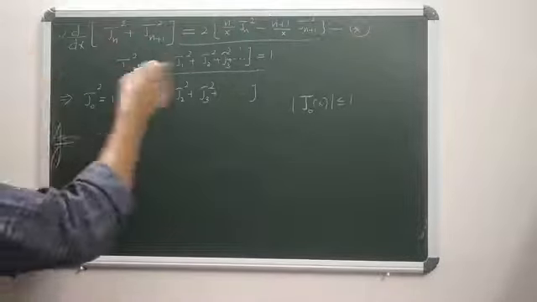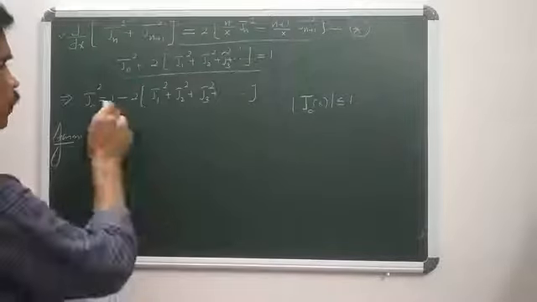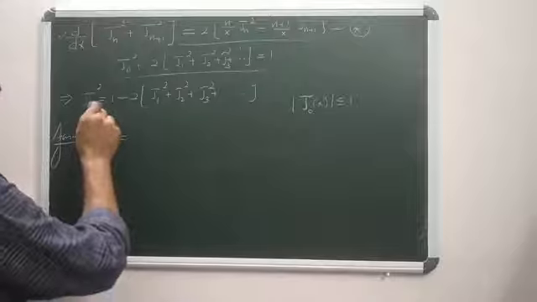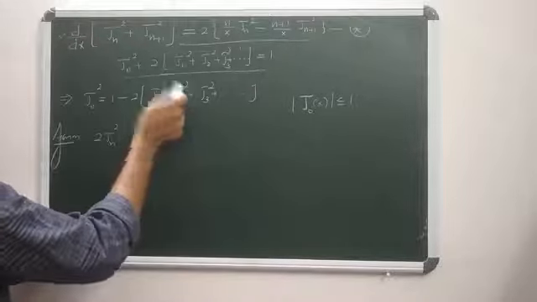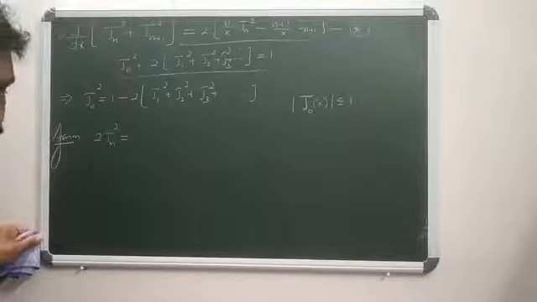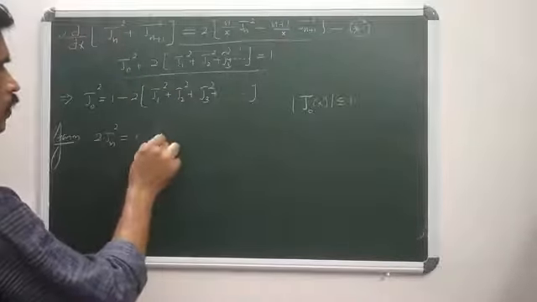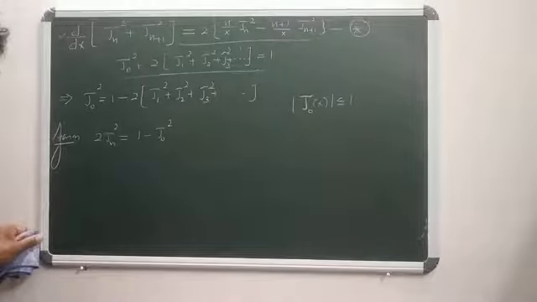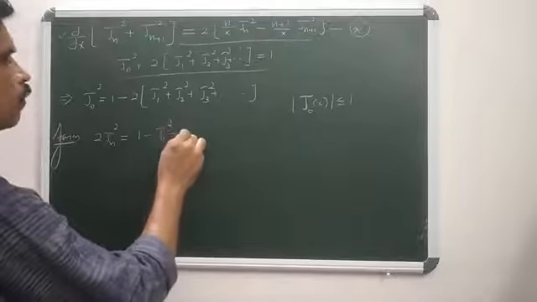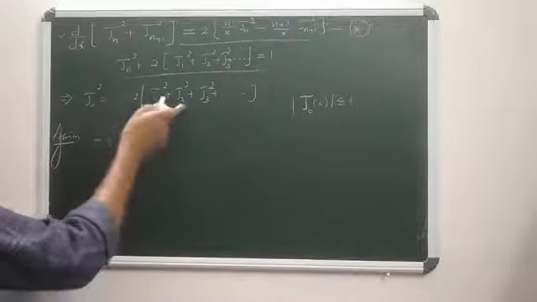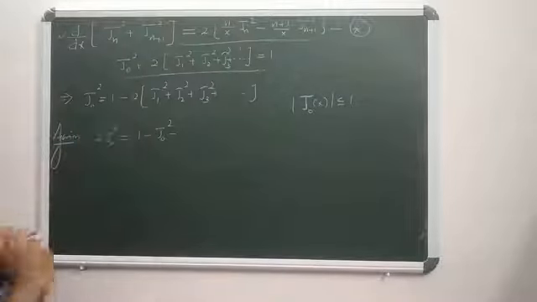Equals, come to the terms, what remains there? 2Jn square equals 1 minus J0 square minus 2 into J1 square plus J2 square plus J3 square plus etc. Put this minus 2Jn square to the left side, simultaneously J0 square to the right side.